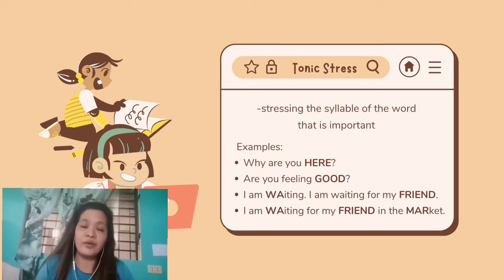The stress is on the friend. I am waiting for my friend in the market. Did you notice that? We can find the stress in waiting for my friend in the market.